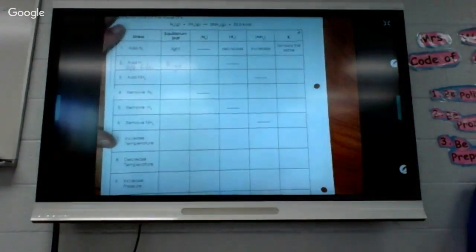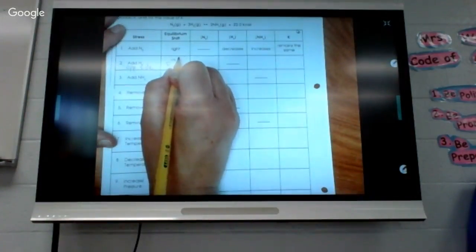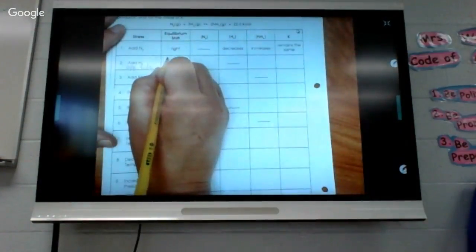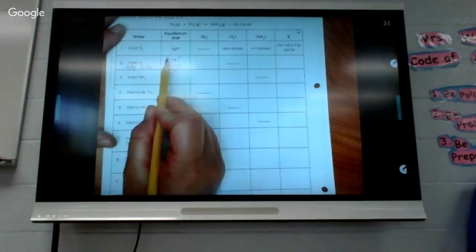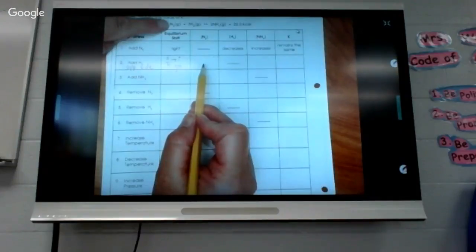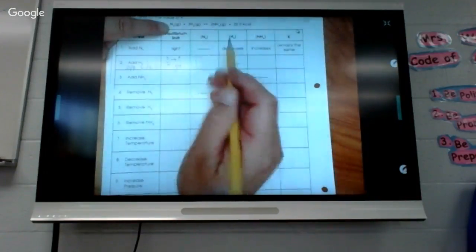So if it shifts to the right, what happens to the stuff on the right? It increases. What happens to the stuff on the left? That's why I wrote that little D and I right there, just so you had a visual. So where is N2? Is it on the left or on the right of the arrow? It's on the left, so it's going to decrease.